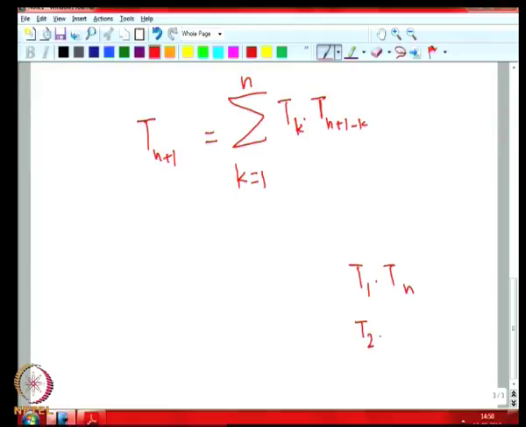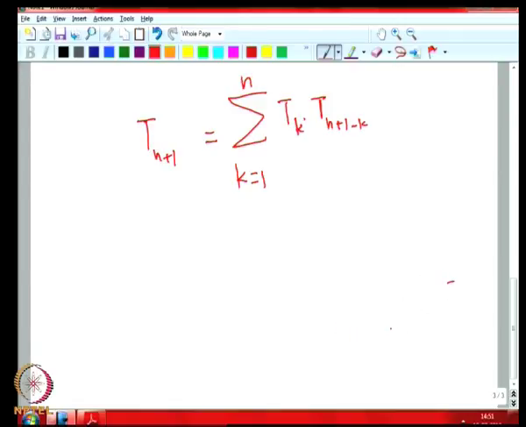If there are two of them, it is T_2 times T_{n-1}, and so on. Or we multiply a1 up to a_n first and then multiply with a_{n+1}; then this is T_n times T_1.